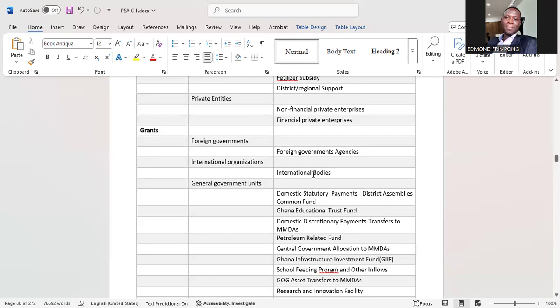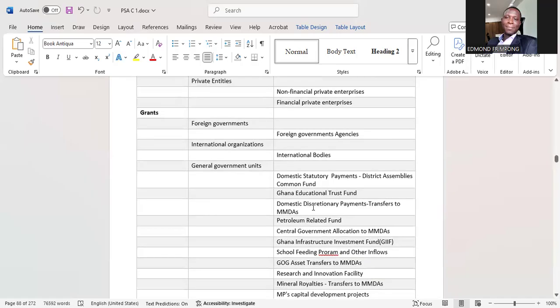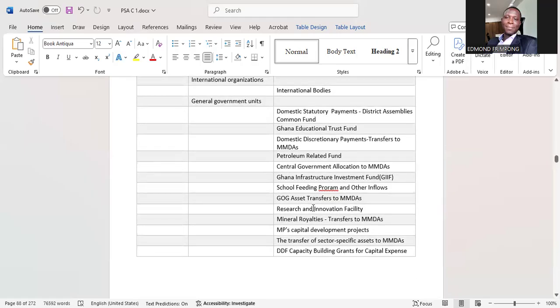The international organizations, government can pay grants to, let's say, AU, ECOWAS, and all those things. Then general government units, yes. Internally or in Ghana, government can also pay grants to state institutions or other institutions in the country.